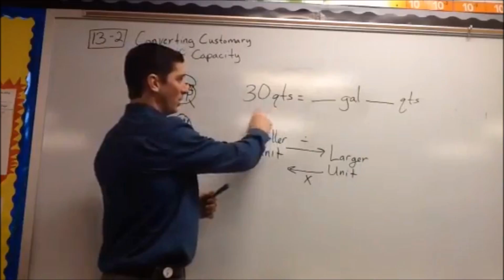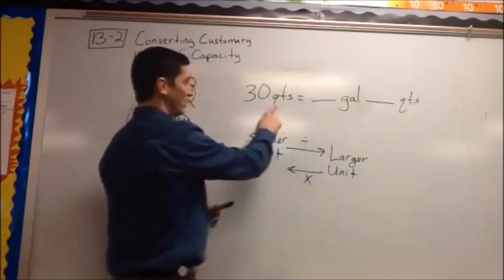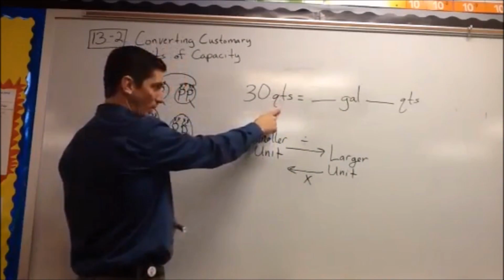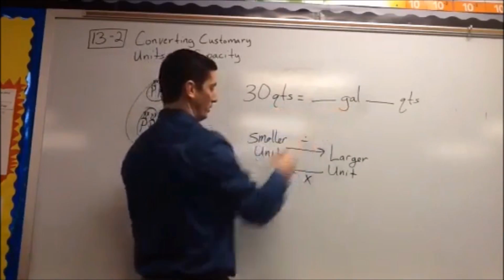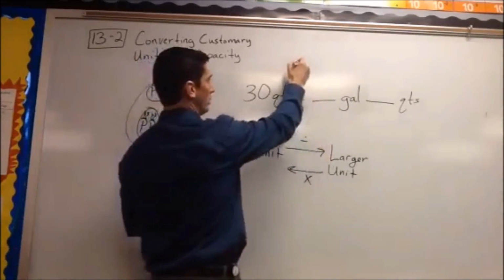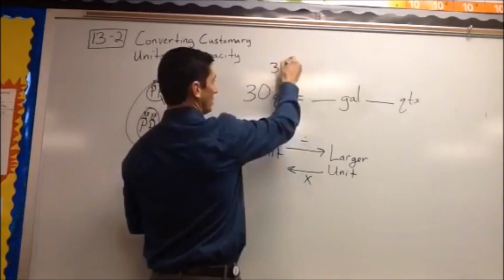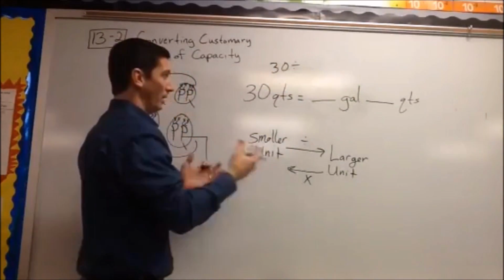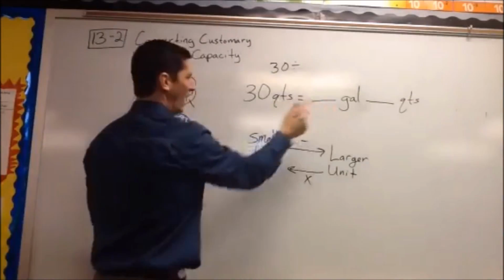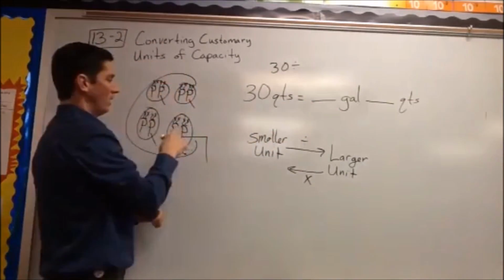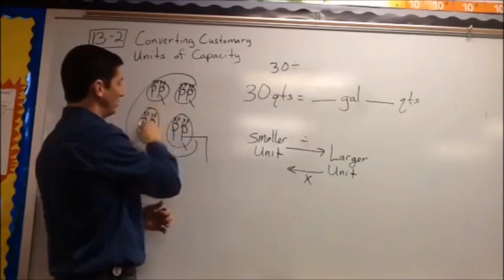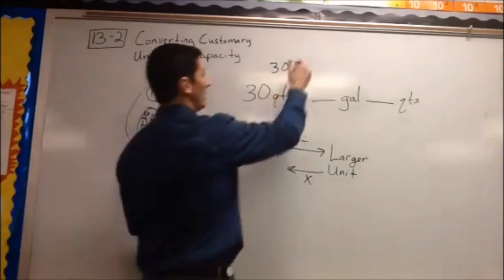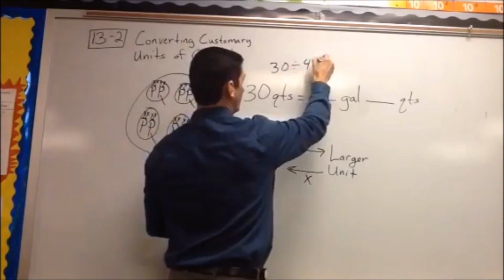Since we start with quarts and we're going to gallons, that's going from a smaller unit to a larger unit, we know we need to divide. So we take 30 divided by, then we look and see, how many gallons are in a quart? That doesn't work. How many quarts are in a gallon? 1, 2, 3, 4 quarts in a gallon. So we divide by 4.